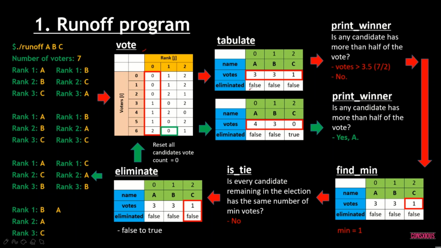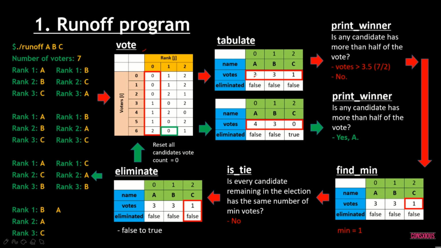You can see that the default for eliminated is false, meaning all candidates are available in this election. After we tabulate all the information, we find out whether any candidate has more than half of the votes. There are 7 total voters, so a candidate needs more than 3.5.